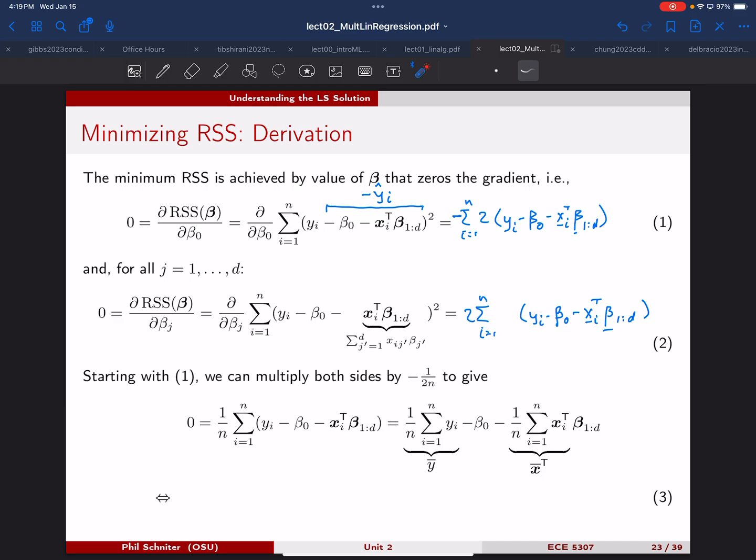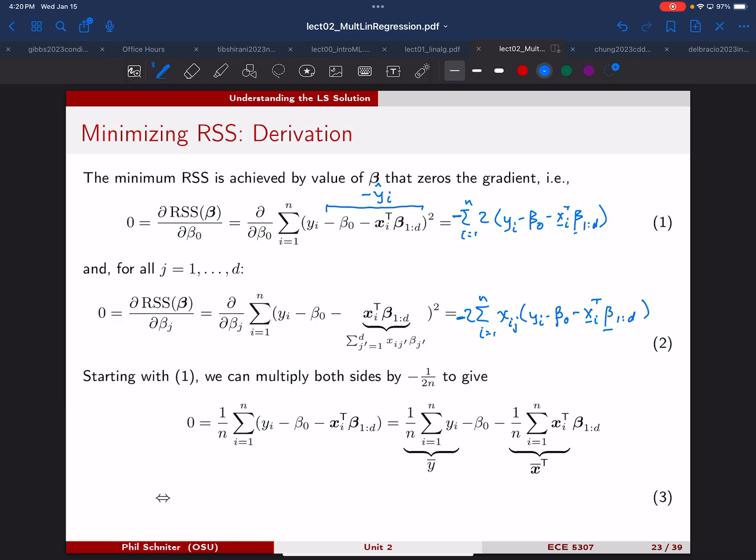But if j prime is equal to j, then the derivative of this with respect to beta j is just 1. But then we also have this term here, which is x_ij, not j prime, but j. So that's the final answer. Oh, and there's actually a minus because of this, so that goes over here.